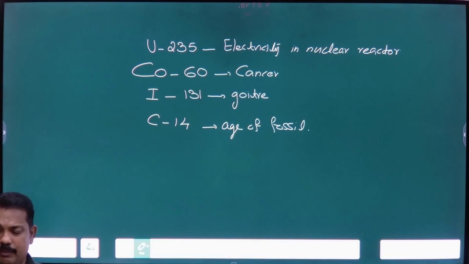This 235 represents atomic number or mass number? Yes, mass number.